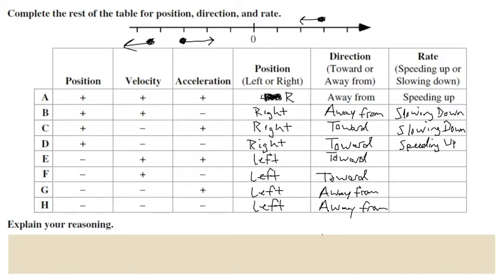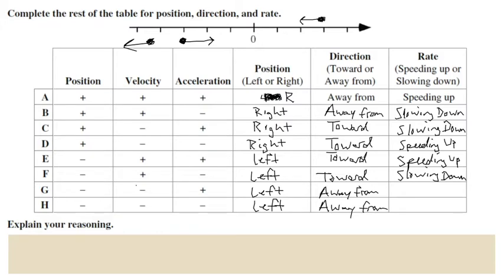And now all we have to do is fill in the information about the acceleration. And so here we have the same sign in E for the velocity and the acceleration. They're both positive, and so that would mean this thing is speeding up. In F, the velocity is positive and the acceleration is negative. So this object is slowing down.